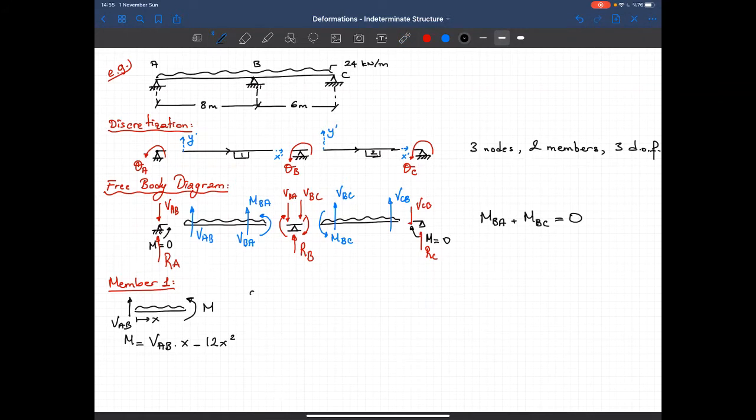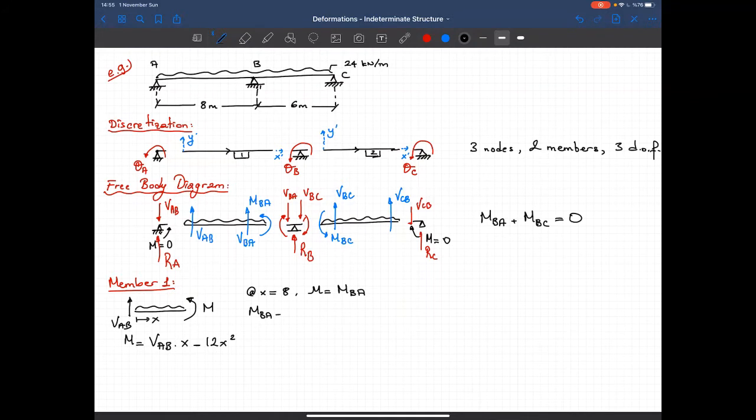Now at x equal to 8, I know that the moment is equal to MBA. Now put that information into this equation. Now we have the following relationship.